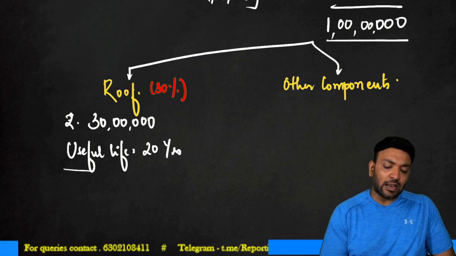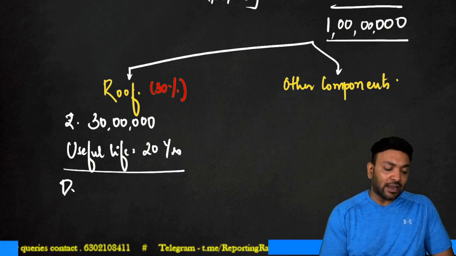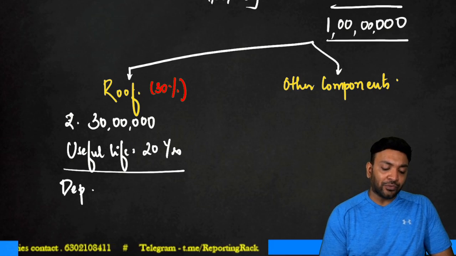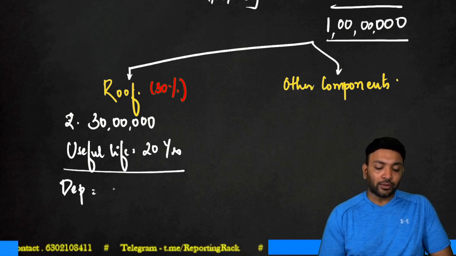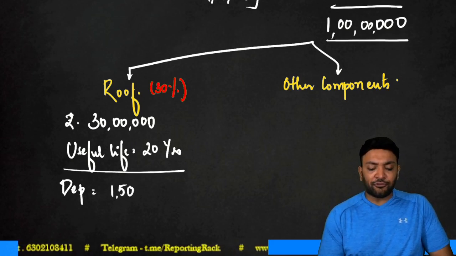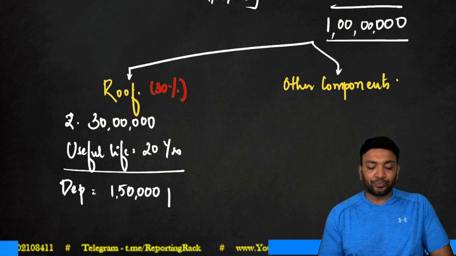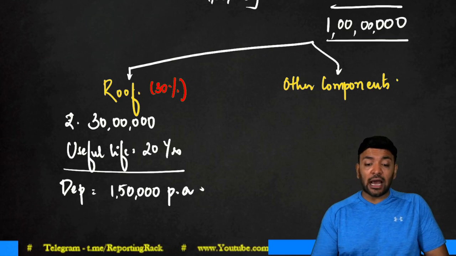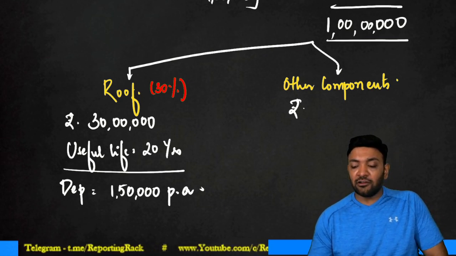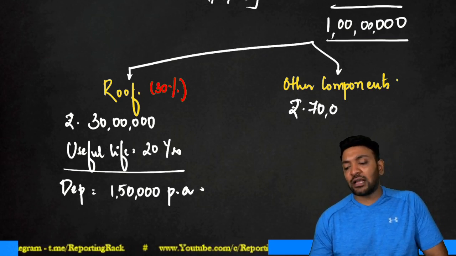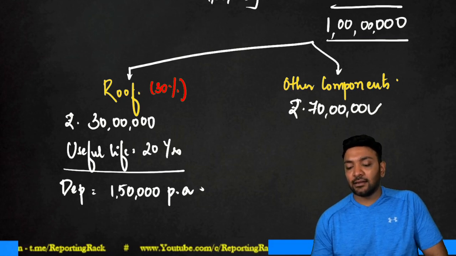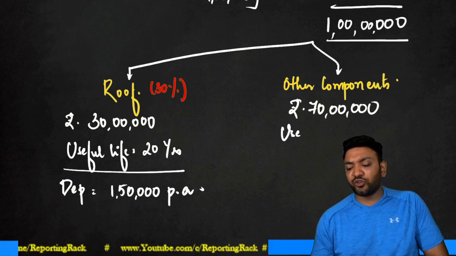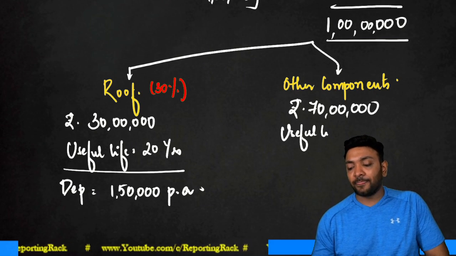Since it has a useful life of 20 years, my depreciation is 1,50,000 rupees per annum. But all other components put together are worth 70 lakhs and have a useful life of 40 years.